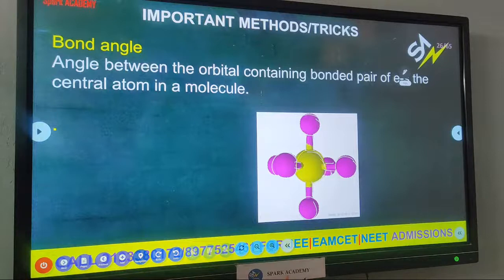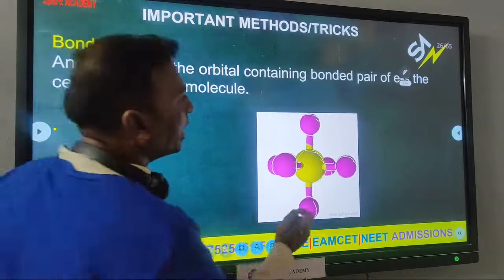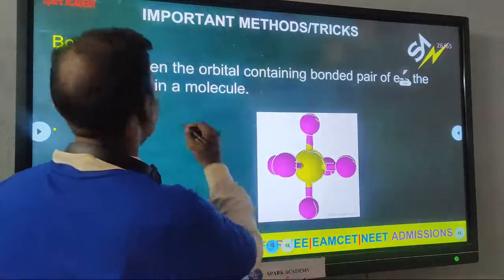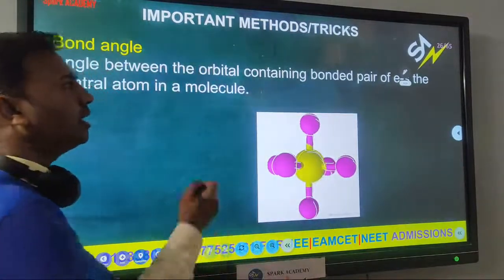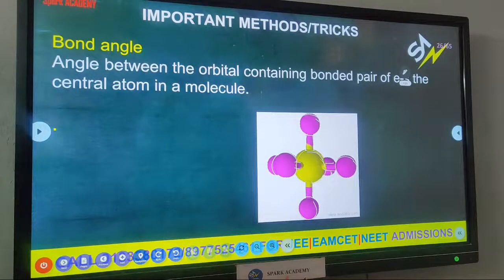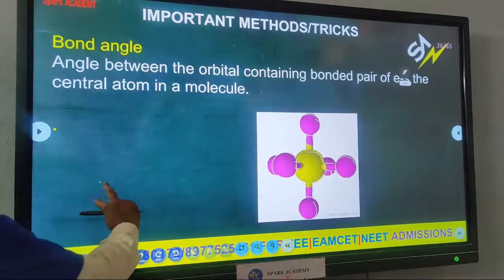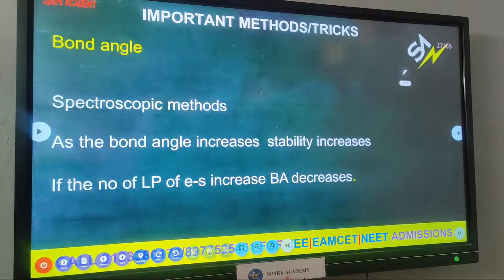Once again, the angle between the orbitals containing bonded pairs of electrons in the central atom and the rest of the molecule is called the bond angle. Clear? Like bond length, how do we measure the bond angle?